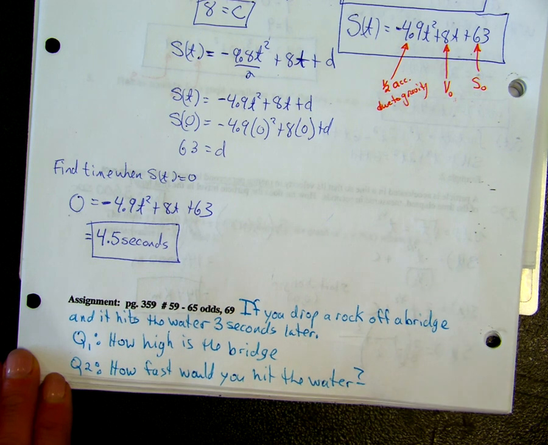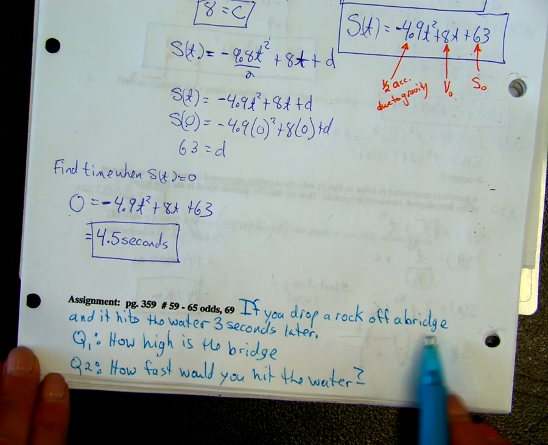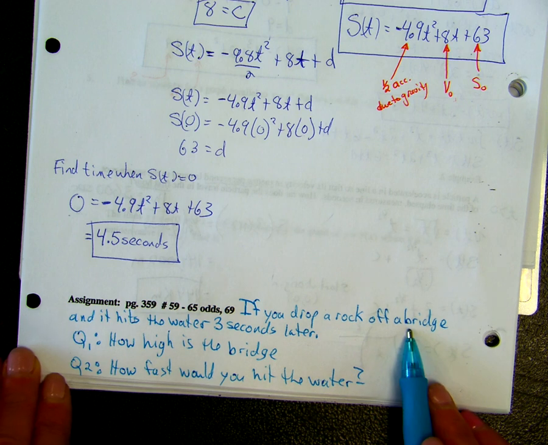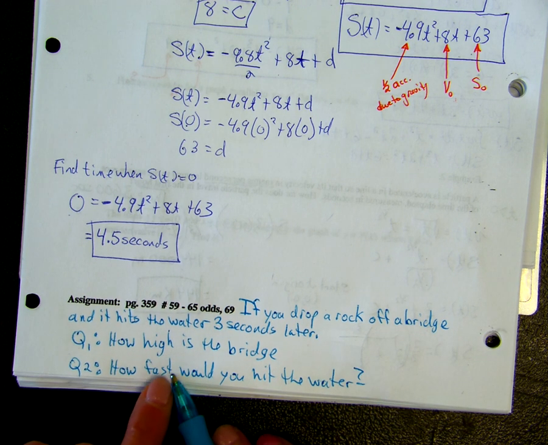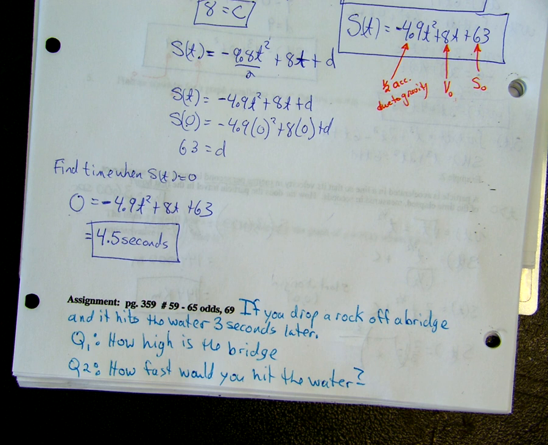So with this minimum amount of information, you drop a rock off a bridge, 3 seconds later it hits the water. You should be able to figure out how high the bridge is and how fast you would hit the water if you jumped off that bridge, and then you can tell me if you would or not.